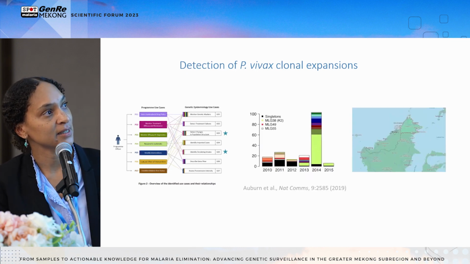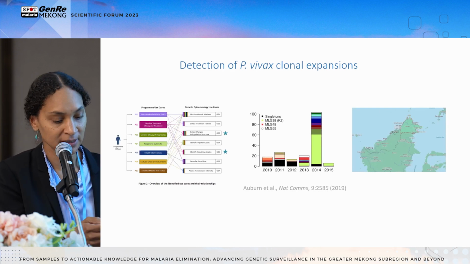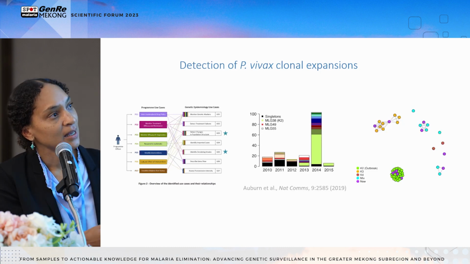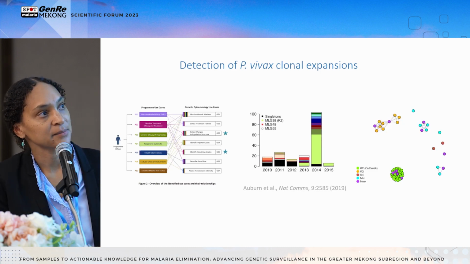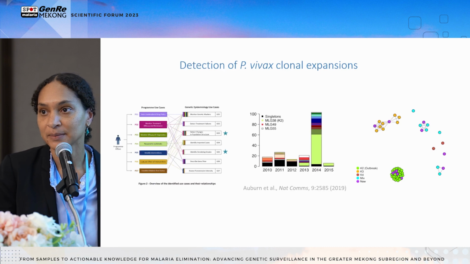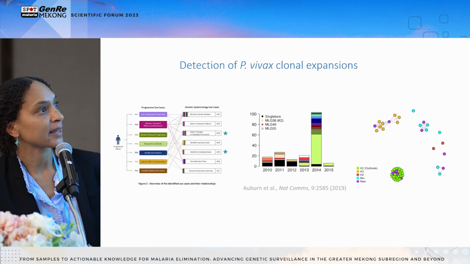So we did a study a few years ago where genomic data showed a clonal expansion in Sabah in Malaysia, just before Sabah eliminated Vivax malaria. And you can see here, if we type those same samples with our microhaplotypes, we can capture that outbreak. And even a few samples where we couldn't get genomic data, but with microhaplotypes, we can see they also belong to the outbreak.